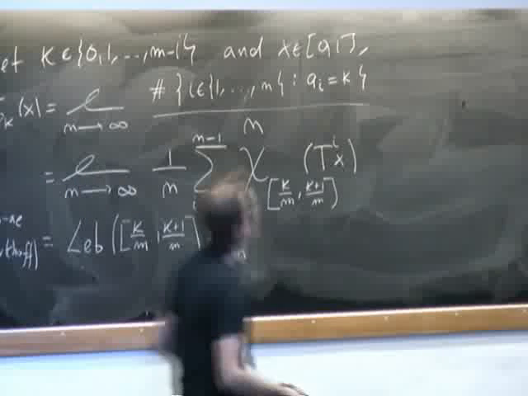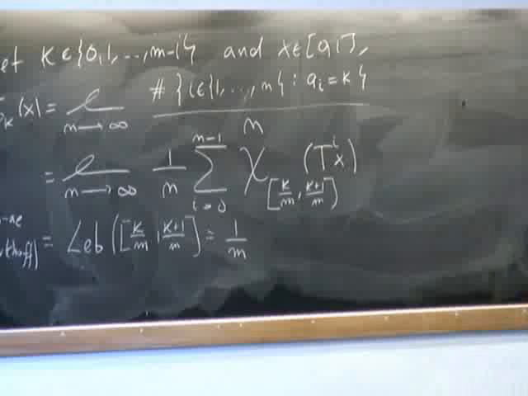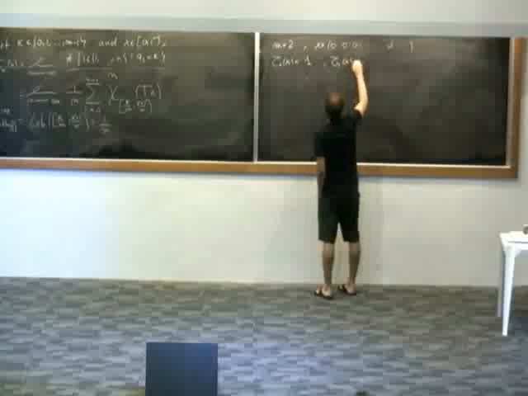Of course, there are plenty of numbers for which the frequency is different. Everybody can construct their favorite example, but if you have m equal to 2 and a point x which is just zeros, then the frequency of 0 in x is 1, while the frequency of 1 is 0.